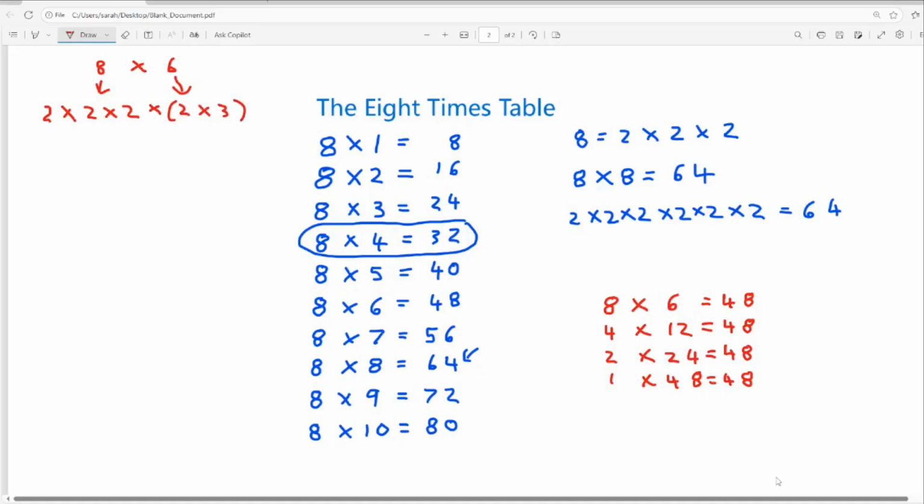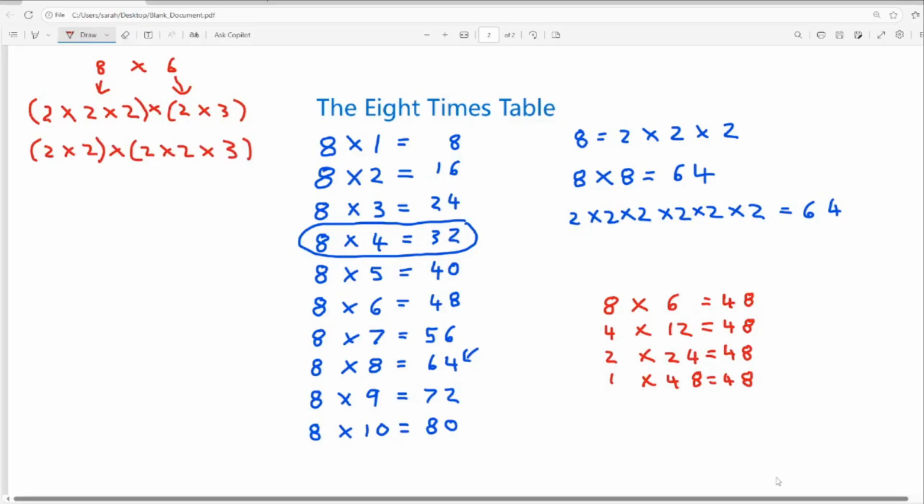Now, the associative rule says that it doesn't matter where you put the brackets. You can put them here and have 8 times 6, or you can change where you put them. You still get the same answer. You're allowed to do that.